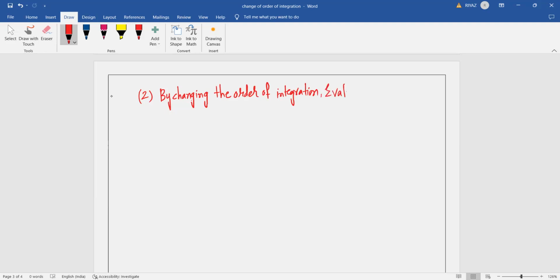We have to evaluate integral 0 to 1, integral 0 to root over 1 minus x square, y square dy and dx. This is the problem. So we can start writing the solution.